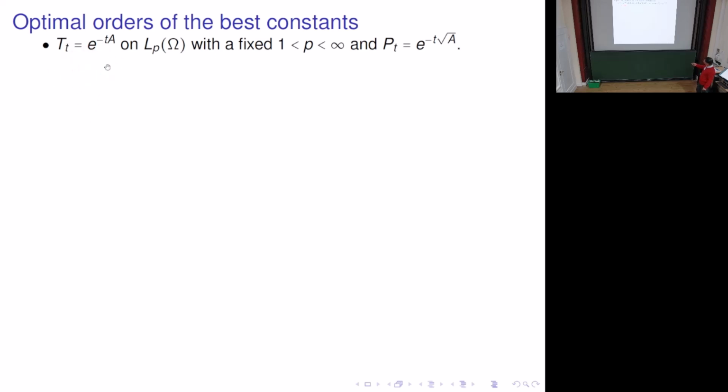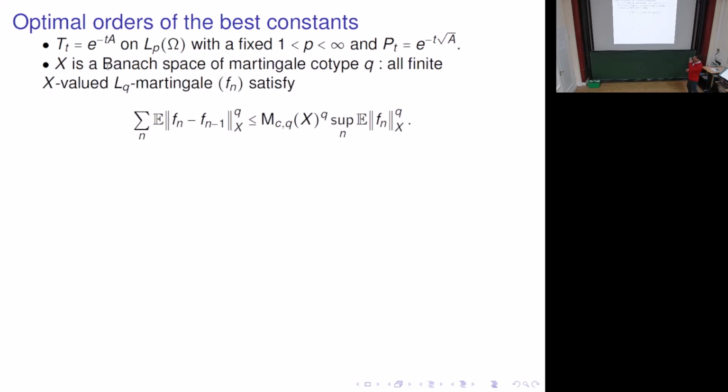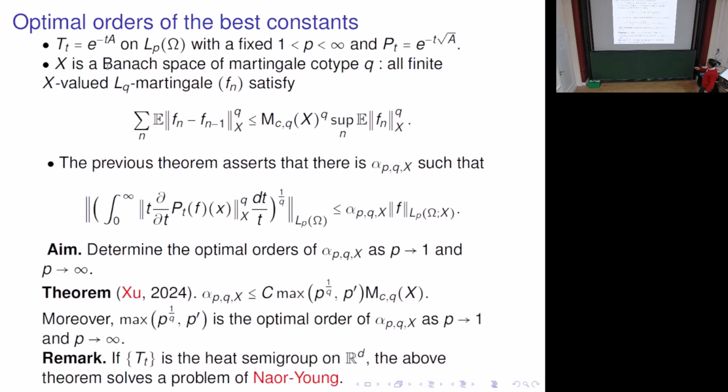Now I want to give you some results on the basic constant. I show you the whole page. Again, PT is a general semigroup, and here I consider only the cotype case, and consider X. This is the definition of martingale cotype q.